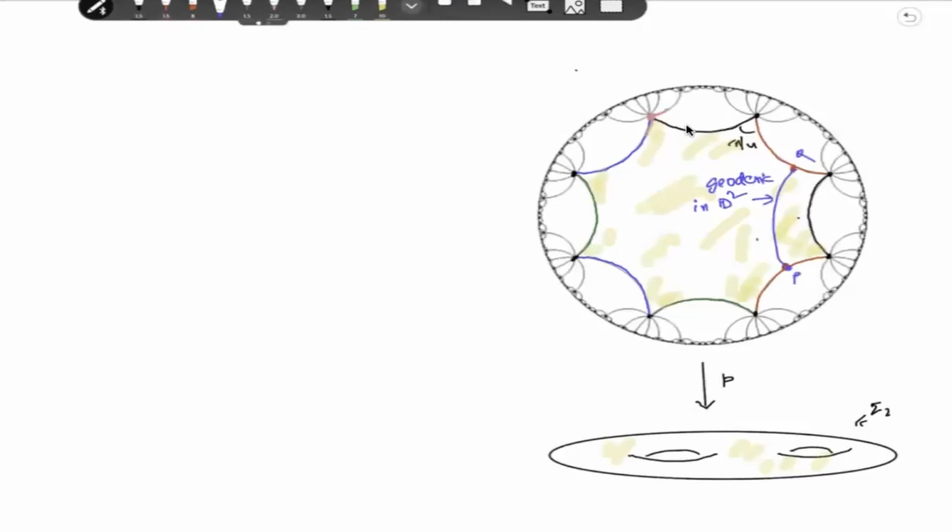Now, if we project it down, it will first of all be a simple closed curve in this surface Sigma 2. It will be something like this. Now the question is whether this is a geodesic or not.